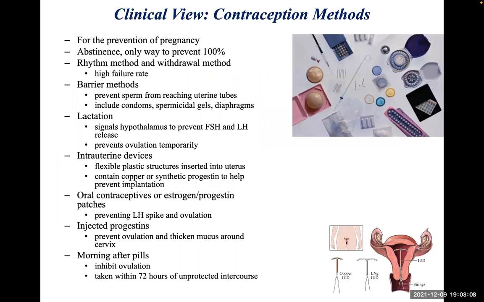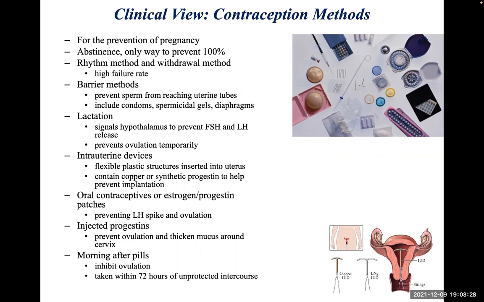Okay. So when it comes to contraception, this is a slide I have here to address some of the different contraceptive methods that exist. There are several different ways to prevent pregnancy. Some of them include hormones, some of them don't.